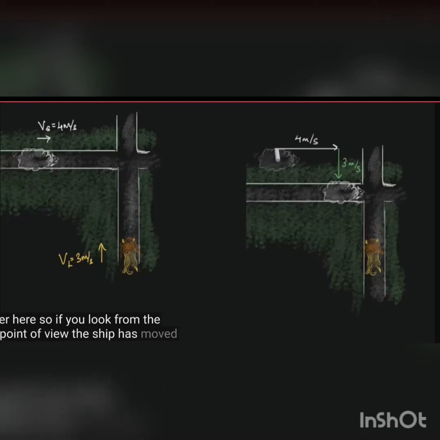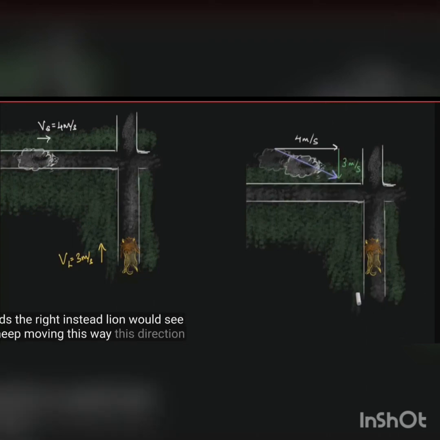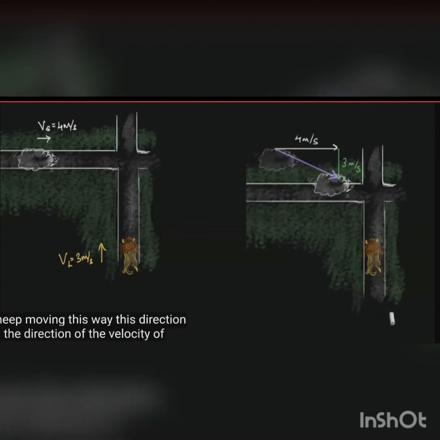Because when you are moving forward, everything appears to be coming backward. So for the lion, the sheep seems to be moving along the direction of this purple arrow.